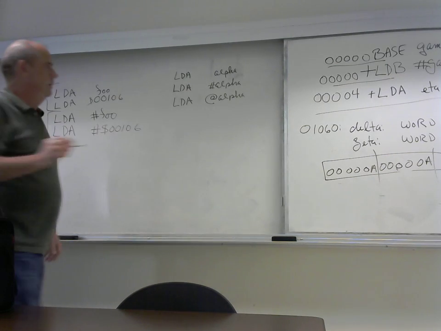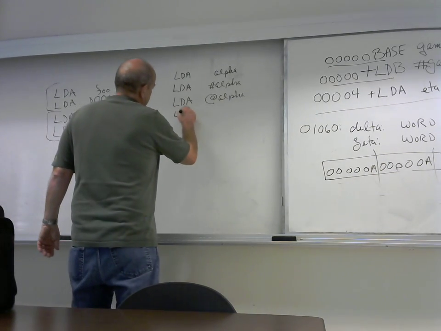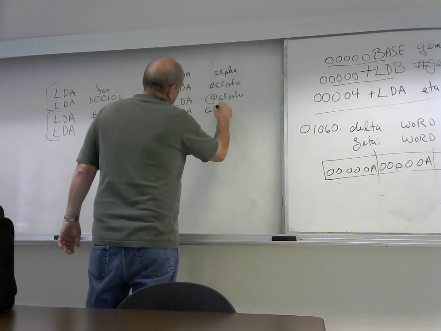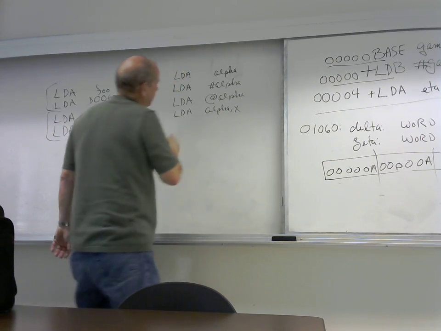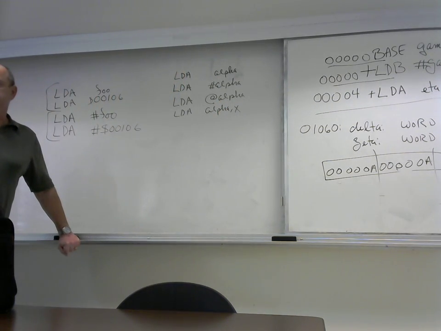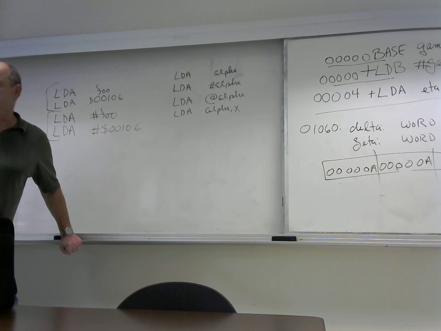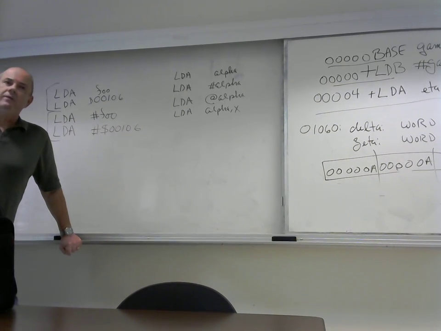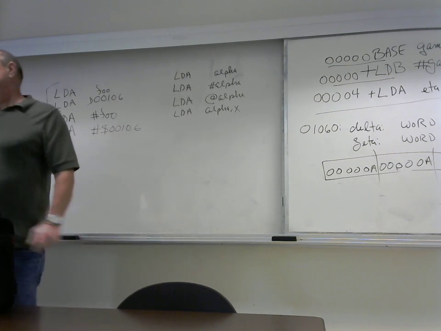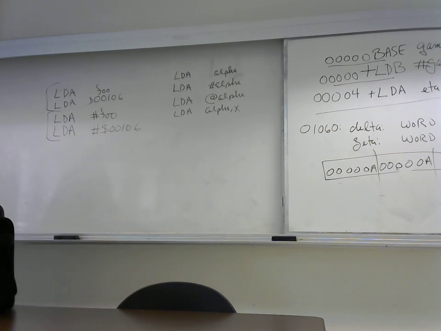There's one more: LDA alpha,X. Now you could replace alpha with its address and get exactly the same result. So all four of those are perfectly valid if you put the actual address instead of alpha. And those are the ones I grayed out at the top of that sheet with the legal addressing modes. They're constants. Questions? So how do each of these work?